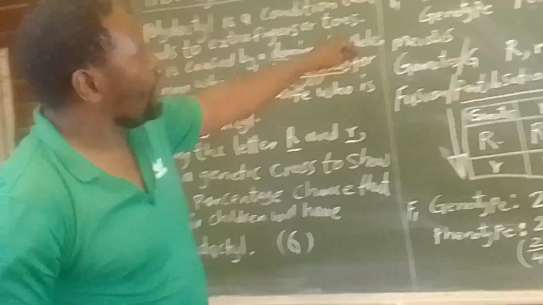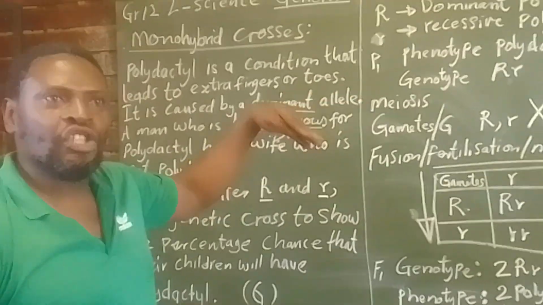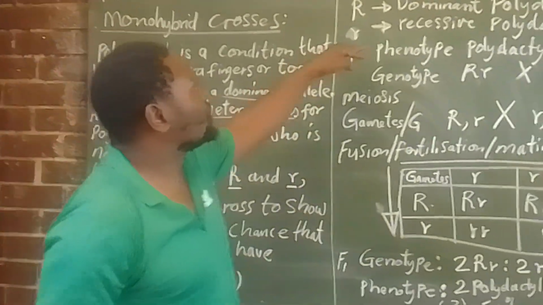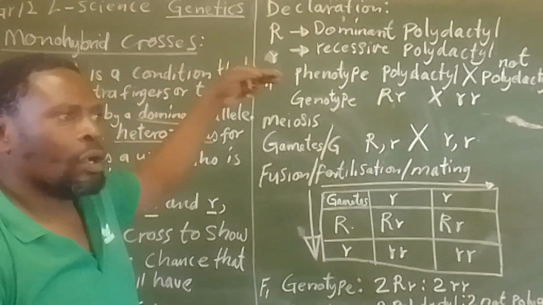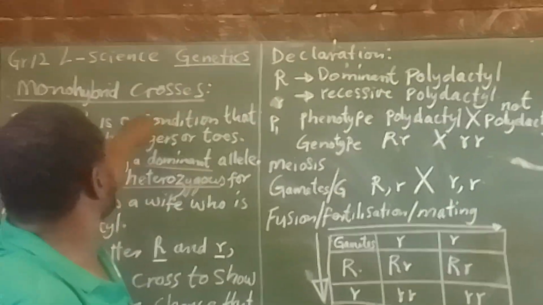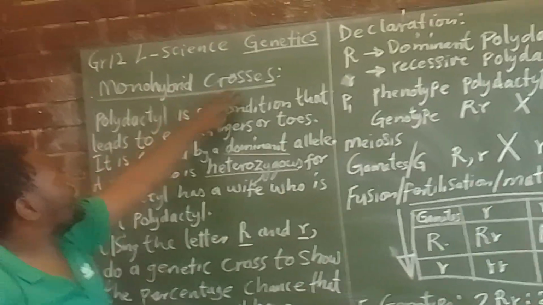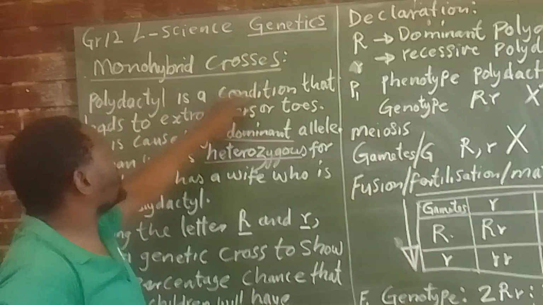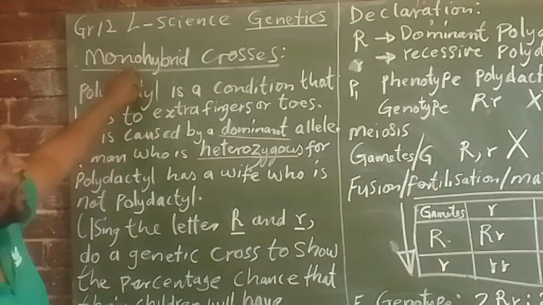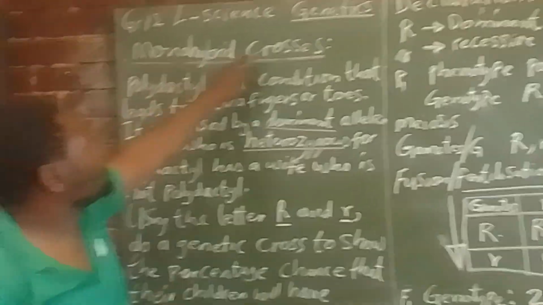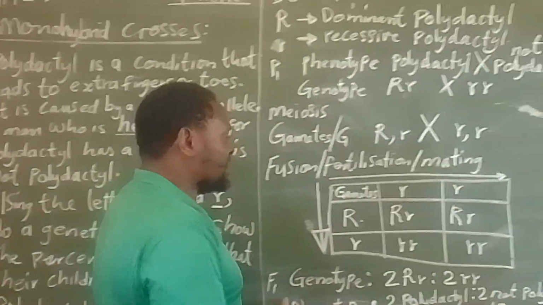This is the format which I urge you, grade 12, to use to tackle not only the monohybrid crosses, because we are still coming for the dihybrid, but for now it is monohybrid. When you do the monohybrid, you start with the declaration.